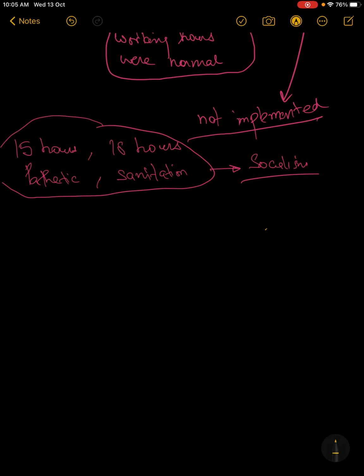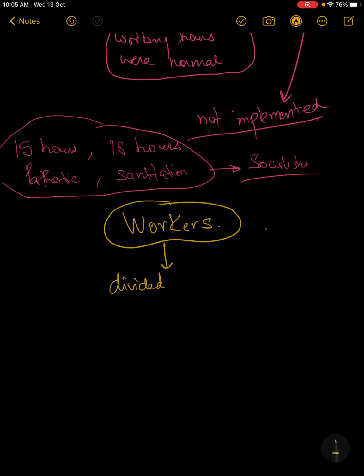Now if we talk about the workers themselves, they were a divided social group, and what do I mean by that? They were divided on the basis of skill.